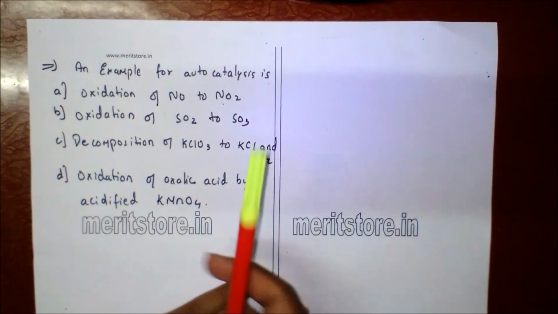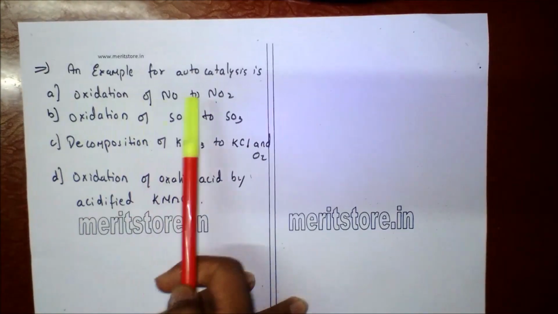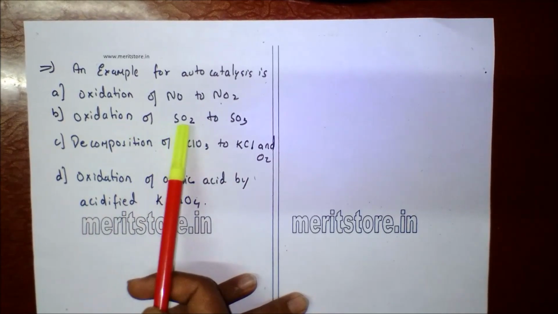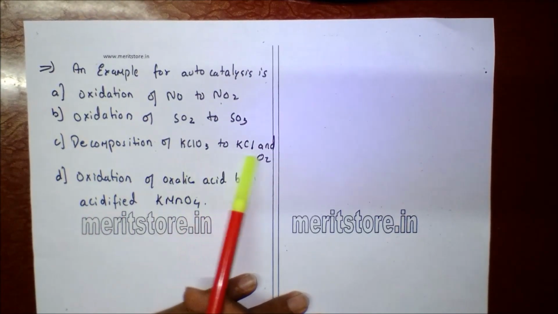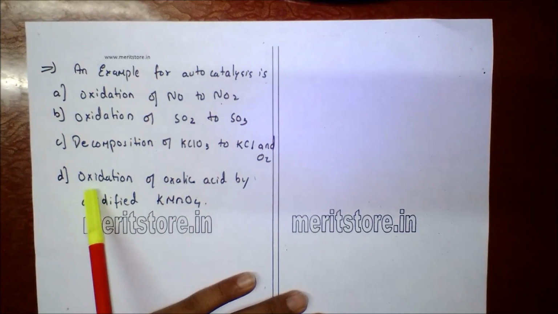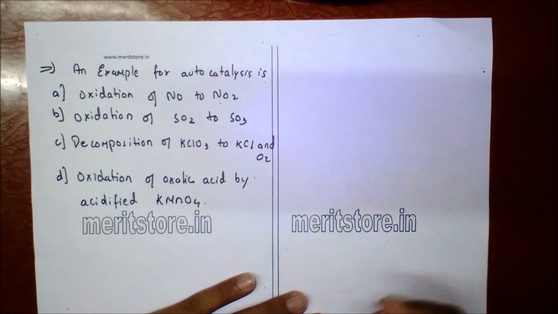An example for autocatalysis is: A. Oxidation of NO to NO2, B. Oxidation of SO2 to SO3, C. Decomposition of KClO3 to KCl and O2, and D. Oxidation of oxalic acid by acidified KMnO4.